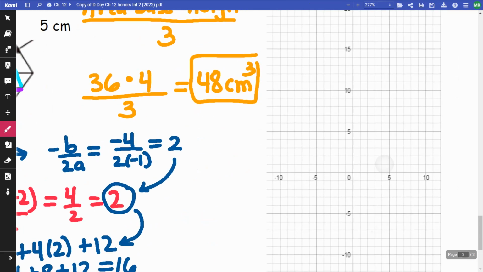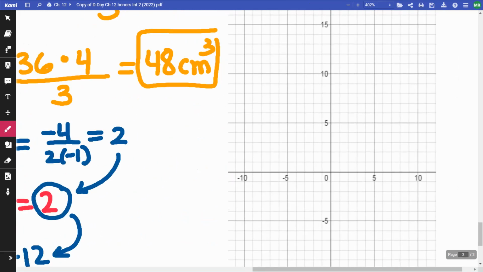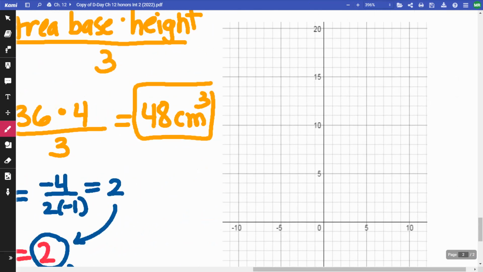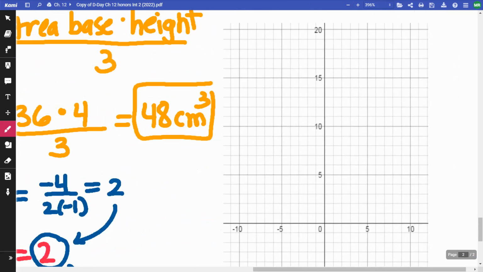Okay, so I'm going to plot my vertex, which is at 2 comma 16. Okay, so 2 comma 16 is right here. Now from here, I do know I had a y-intercept at 12, which means I also have the same on the other side. I do know I have x-intercepts at 6 and -2, so -2 and 6.